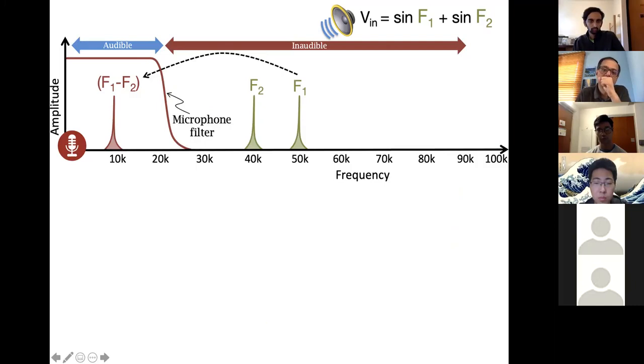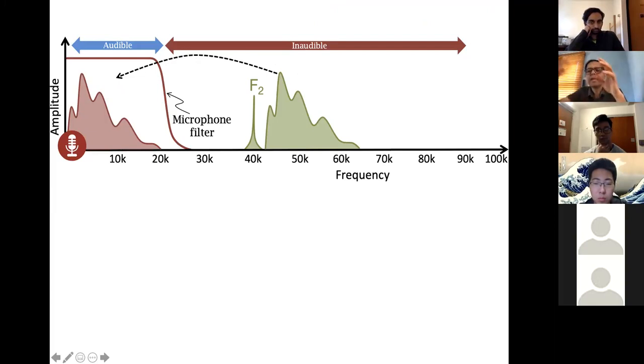Very good. So now look, f1 minus f2 has shifted. I have given two frequency tones and I shifted them essentially. f1 got shifted to f1 minus f2. So instead of f1, if I now give another voice signal, that will also shift. Every signal component of this voice signal with respect to f2 will shift.